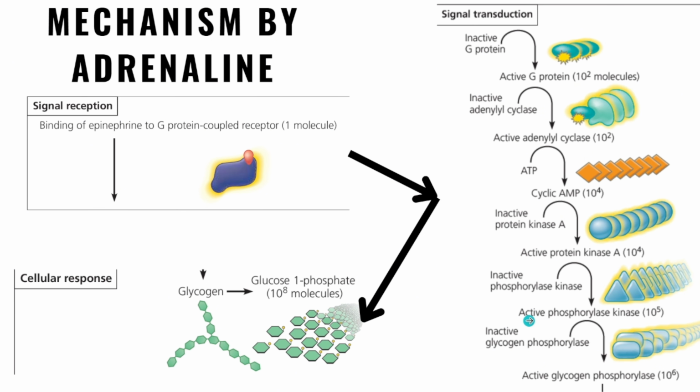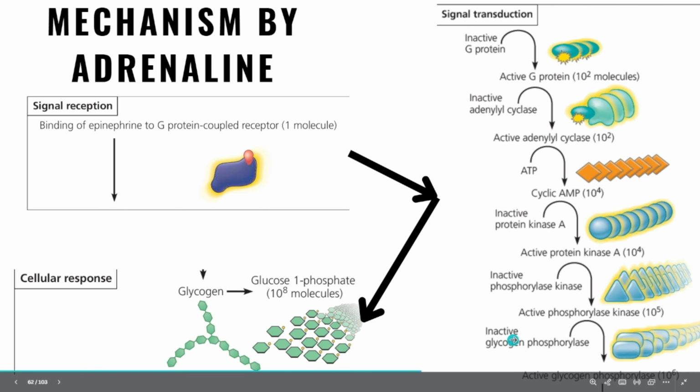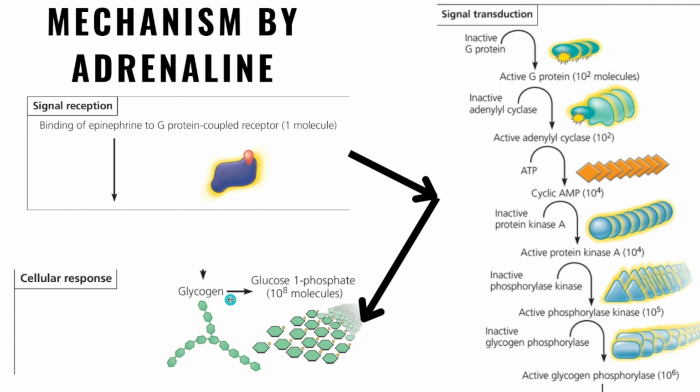And then activated phosphorylase kinase activates inactivated glycogen phosphorylase, becoming activated glycogen phosphorylase. Then the activated glycogen phosphorylase will contribute to the cellular response, which is to hydrolyze glycogen to become glucose 1-phosphate. This is the entire mechanism using adrenaline as the example.